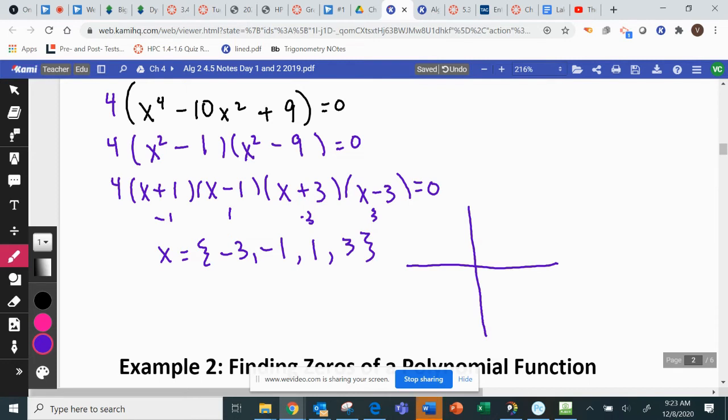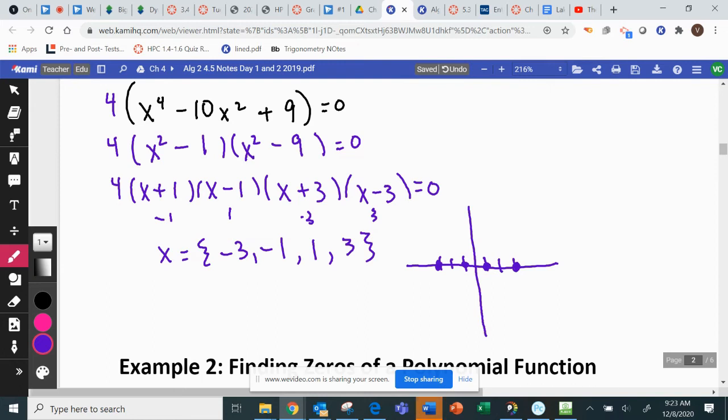So for sure on the graph at -3, -1, +1, +3, we will have x-intercepts. Are any of these x-intercepts repeating? No. So every single one of these is going to pass through.